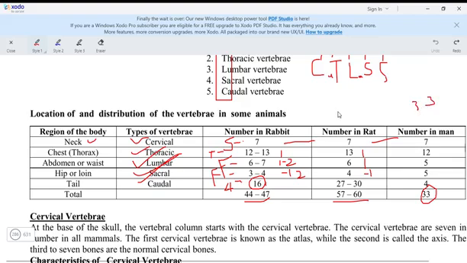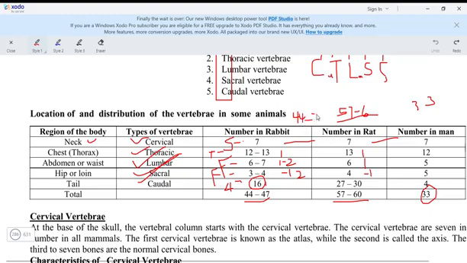Then rats is the one that has the highest, so the animal that appears to be the smallest of these three has the highest number of vertebral column, 57 to 60. Then rabbit also follows in terms of size. Rat is the smallest, then rabbit is bigger in size, but in terms of vertebral column it is the rat that has the highest, followed by rabbit, which is between 44 and 47.